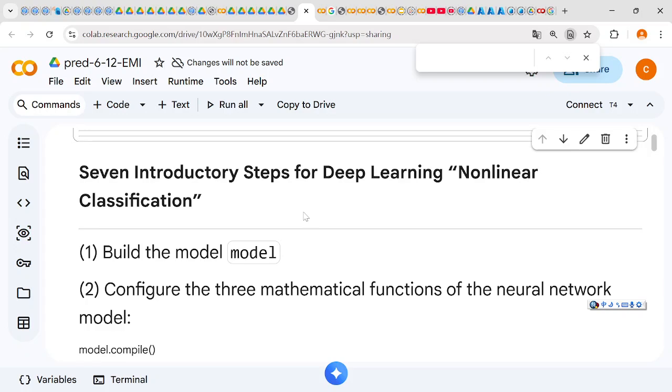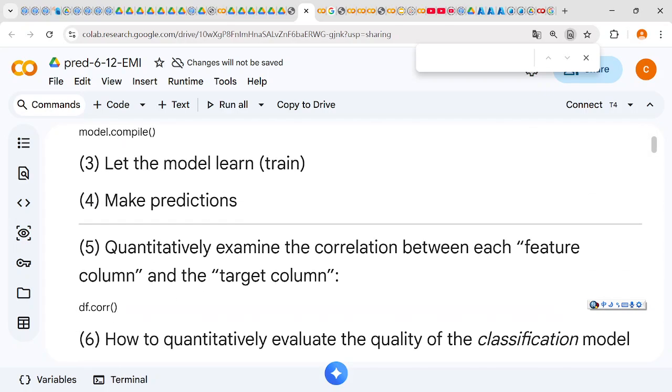And we have the 7 introductory steps for deep learning nonlinear classification. We will build a model and configure three mathematical functions of the neural network model. And then we let the model learn and make predictions.